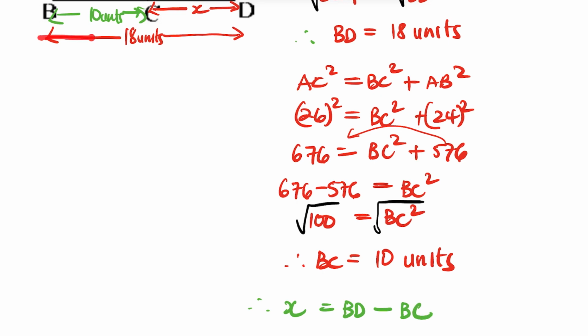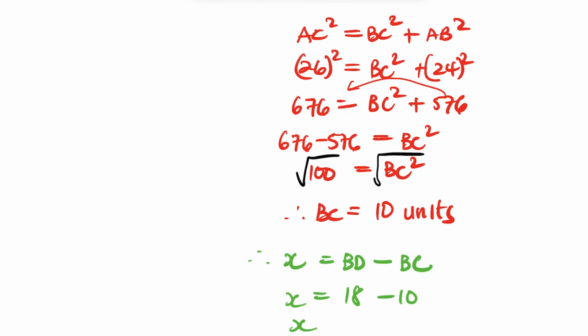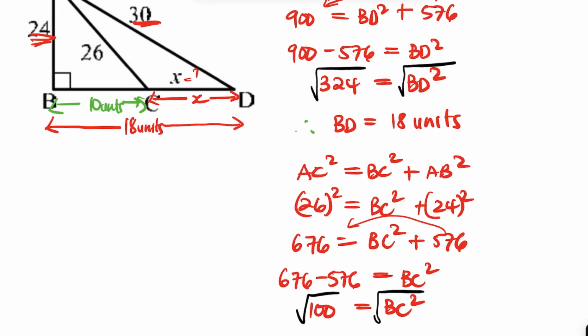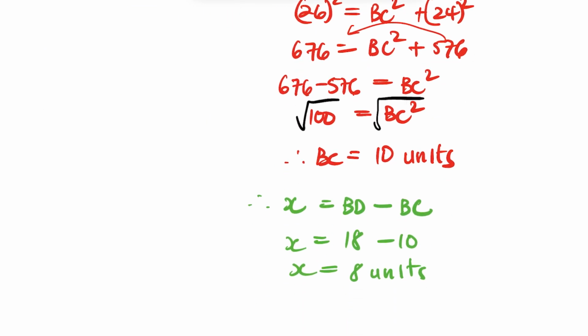It simply means this long side minus this, you'll be left with that. So your BD is 18. 18 minus 10 is equal to, your x is going to be equal to what? 8. 8 what? Units. So your x here is 8 units. Right?